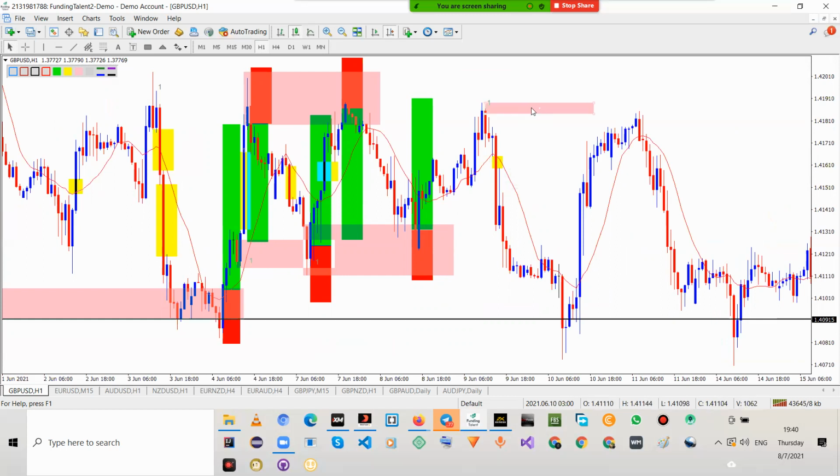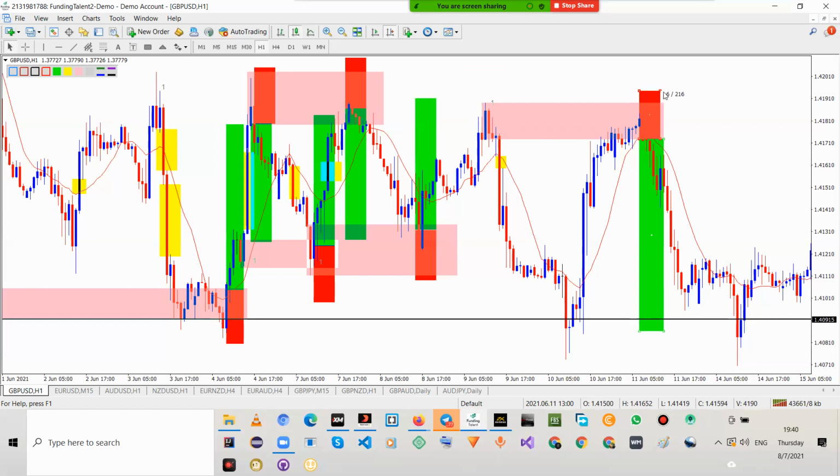Order block again, right here. This one was a big mover, guys. Tight stop loss to maximize the risk reward ratio.